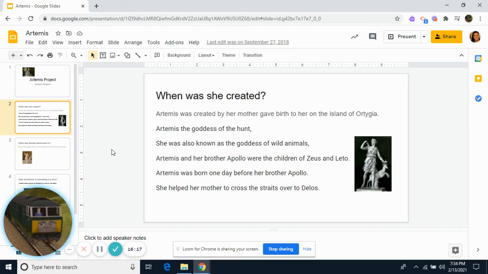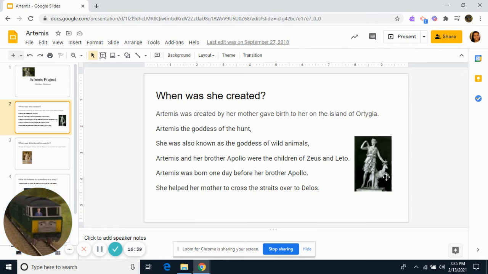When was she created? Artemis's mother gave birth to her on the island of Ortygia. Artemis is the goddess of the hunt. She was also known as the goddess of wild animals. So this is the wild animal, a reindeer or a deer or something like that.